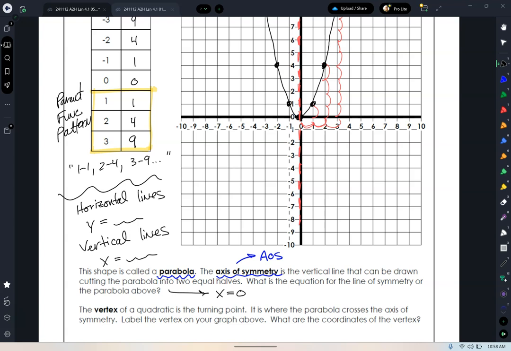Now the axis of symmetry for parabolas is always going to be a vertical line because we're never going to have a parabola that looks like this. That's actually a hyperbola, and that's a totally different math relation. This type of shape would not be a function.